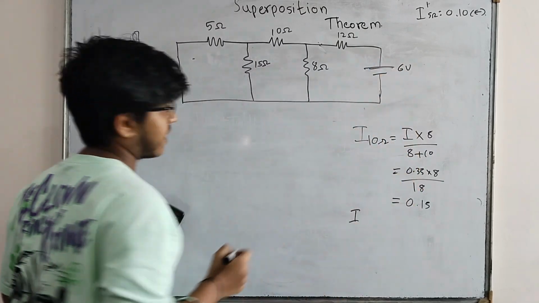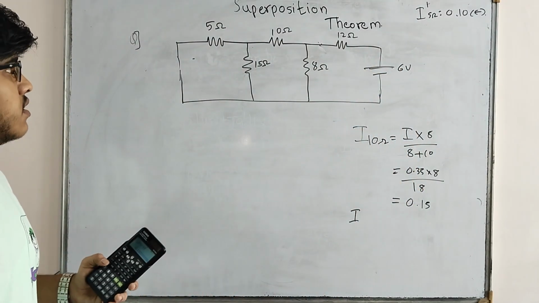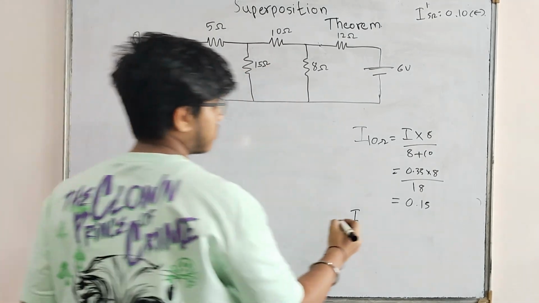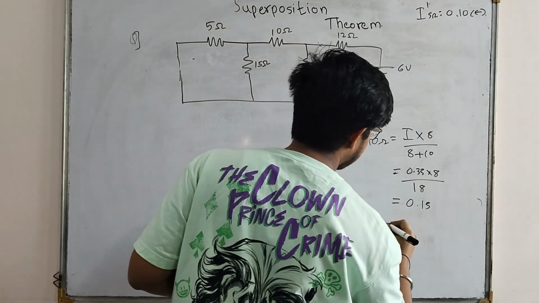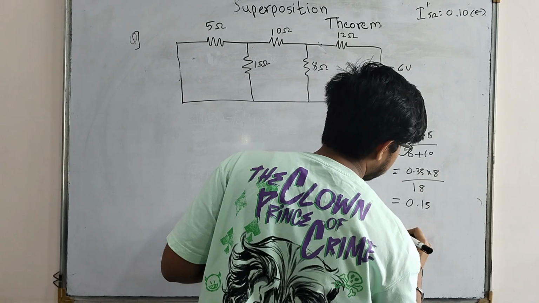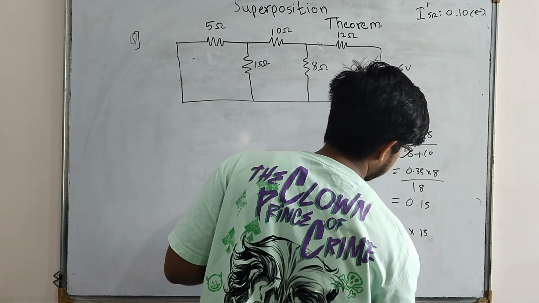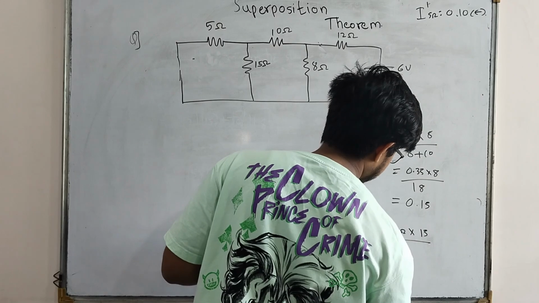Okay, so this was our diagram in case 1, and we had to calculate here I through 5 ohm. I through 5 ohm is I through 10 ohm into 15 divided by 20.